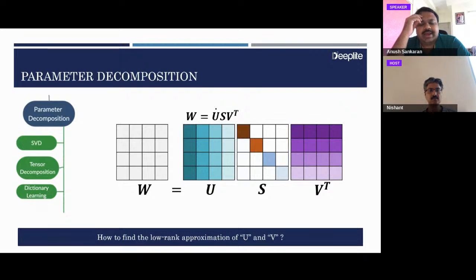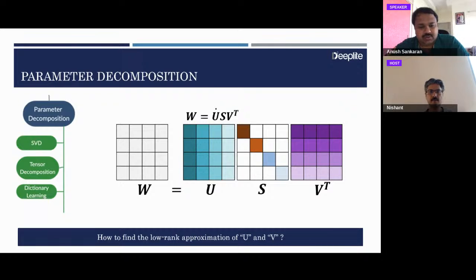Okay, and U has a particular rank. When we use a full rank, we basically get W as such without any loss, but we can reduce the ranks of U and V to get a good approximation of W.